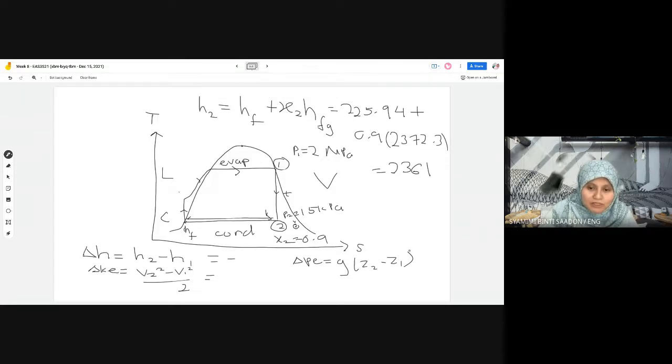So we see from here that the potential energy is very, very small compared to the enthalpy and kinetic energy. Even kinetic energy is quite small.